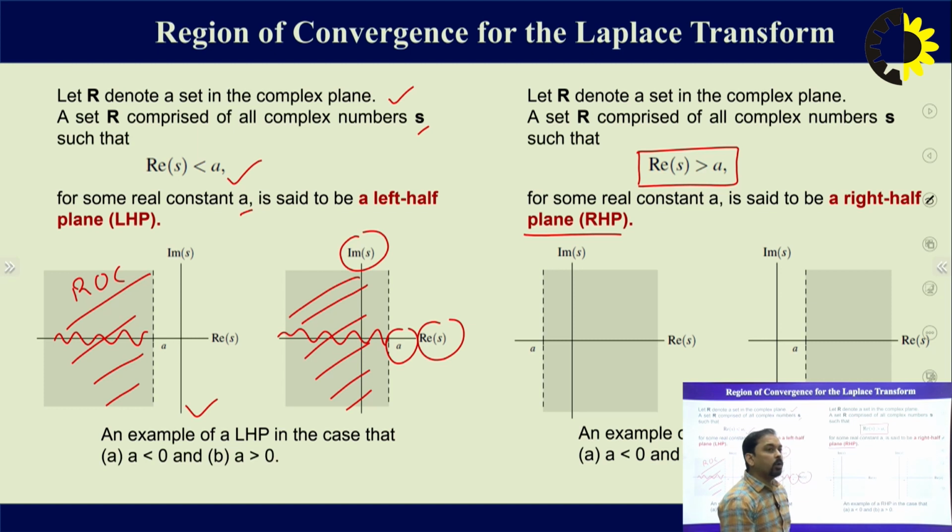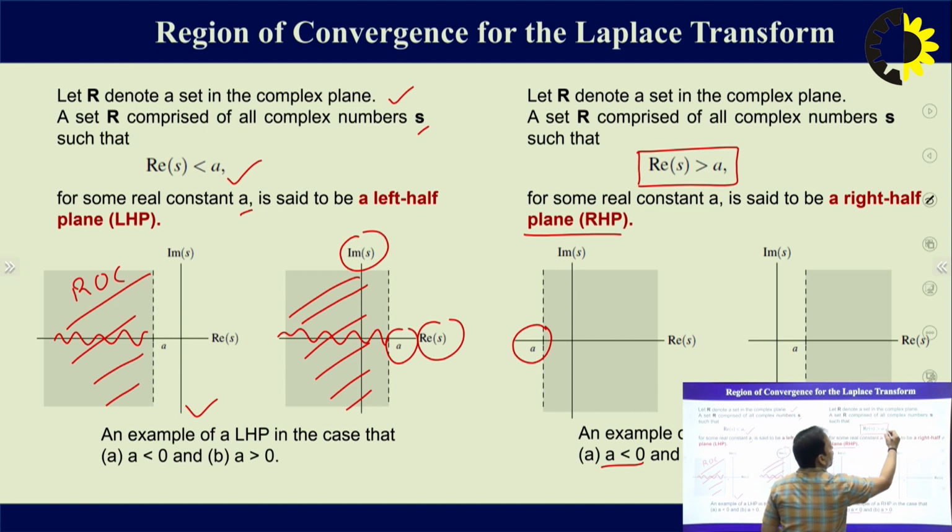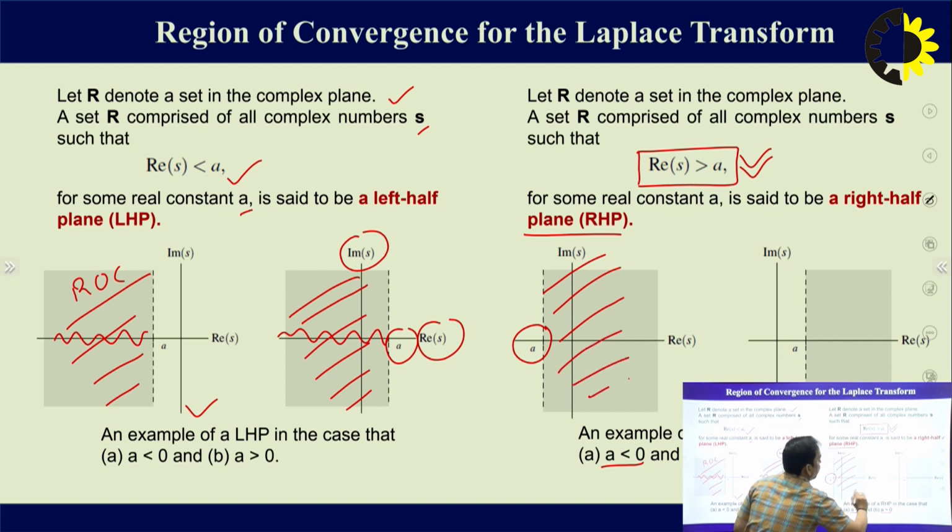Again we have two cases, one is A less than 0 and one is A greater than 0. If A is a negative quantity, it will be lying to the left side and the region will be real part of s greater than A, meaning the entire region to the right of A will be shaded, and this will be known as the region of convergence for the corresponding Laplace transform.